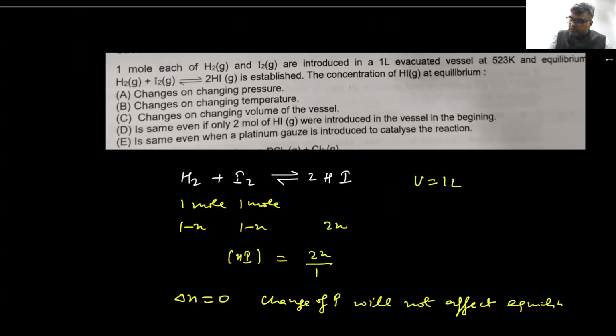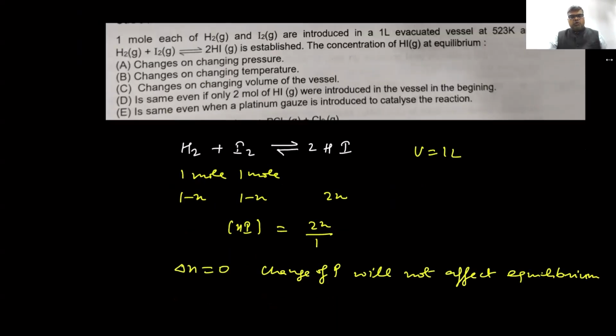I'm doing it the second time, so now I think it is very much clear to almost all of you. Still, if there is a confusion, be very careful because this is a question which can trouble you in the JEE Advanced paper. So since delta n is zero, change in pressure will not affect the equilibrium. That means the moles of HI, I2 and H2 are fixed at equilibrium.